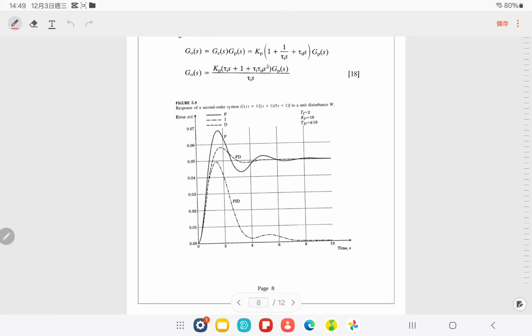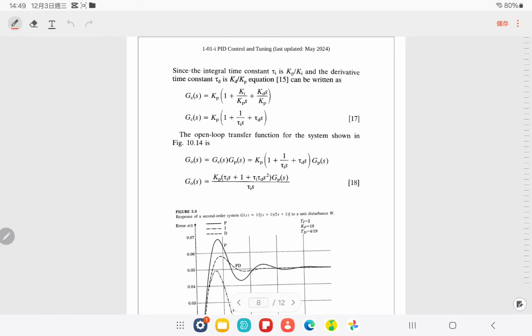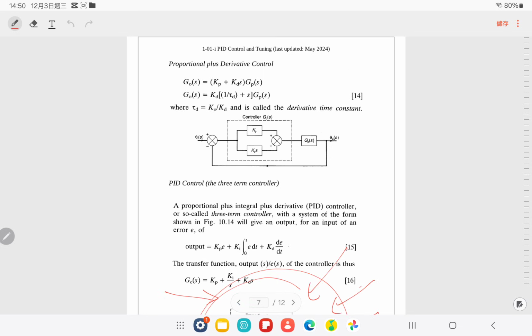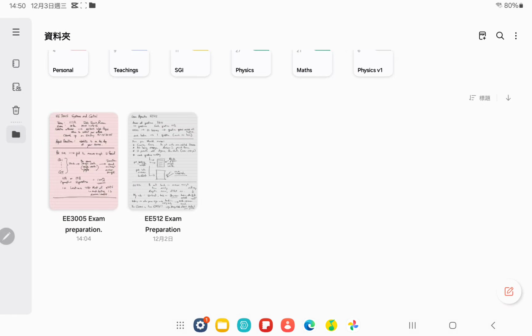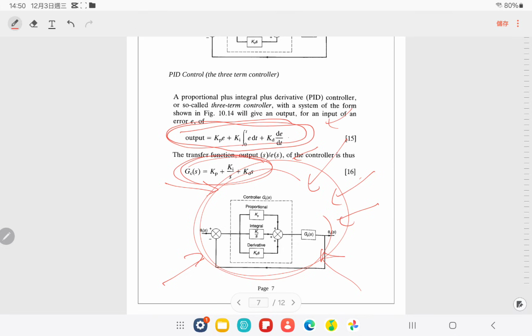And this is the equation that is important, or this one in the S domain. So these are the important things. If I ask you, what is PID control? You need to give me this type of equation.